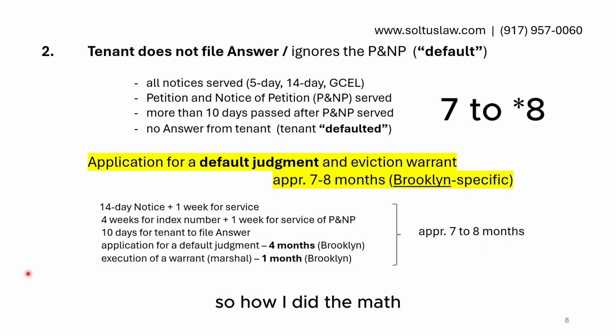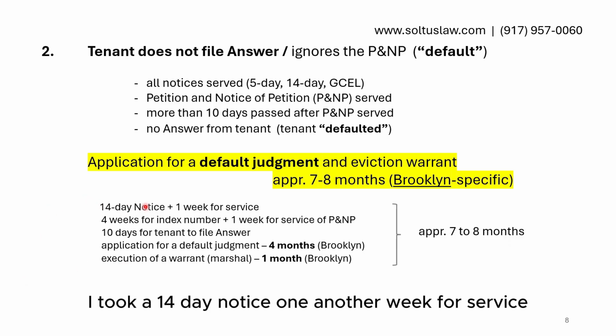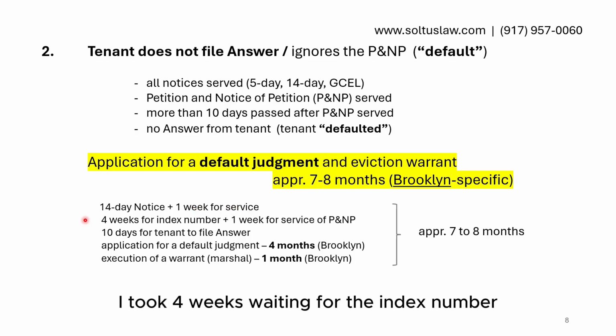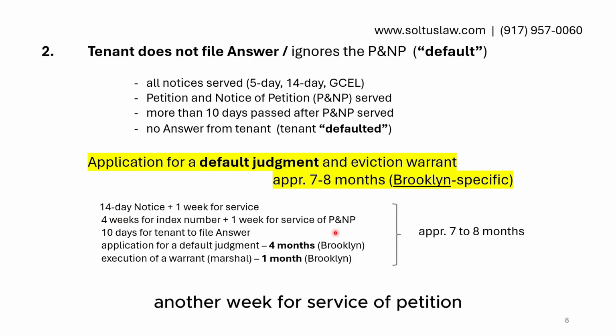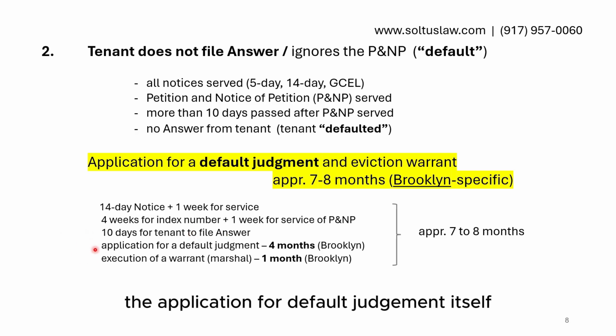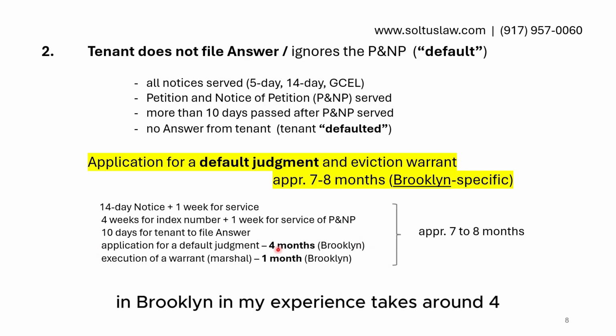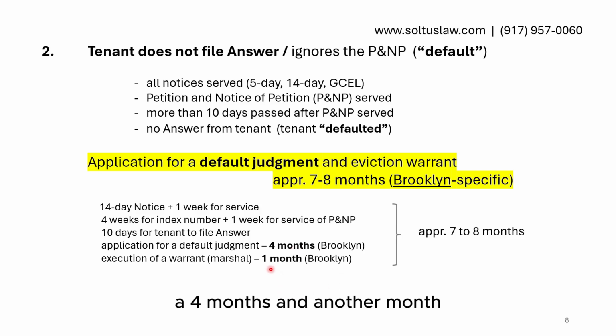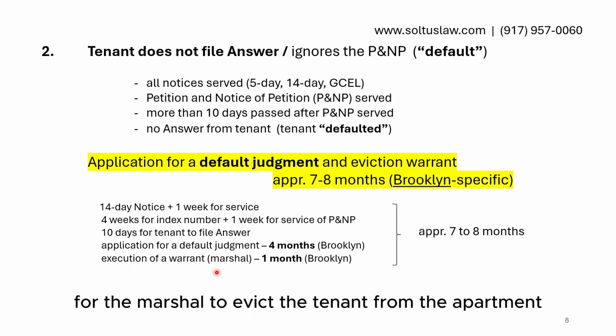So how I did the math: I took the 14-day notice, another week for service, 4 weeks waiting for the index number, another week for service of petition and notice of petition, 10 days for the tenant to file an answer, and then the application for default judgment itself, which in Brooklyn, in my experience, takes around 4 months, and another month for the execution of an eviction warrant, that is, for the marshal to evict the tenant from the apartment.